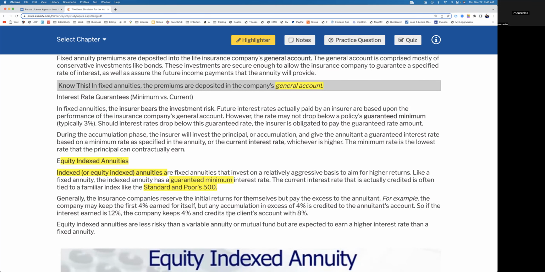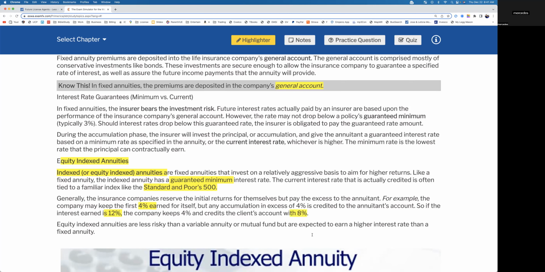But if the S&P 500 goes up, then this annuity gets part of the gains. For example, let's say the guaranteed minimum is 4%. If the index goes up to 12%, you're not going to get 12%. You're going to get a cap, in this case 8%.